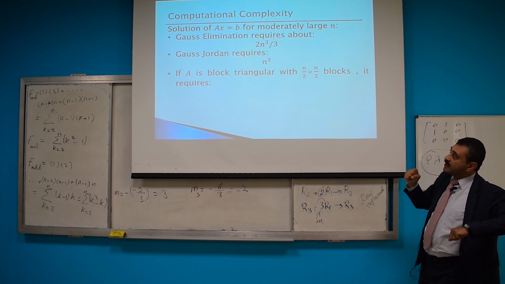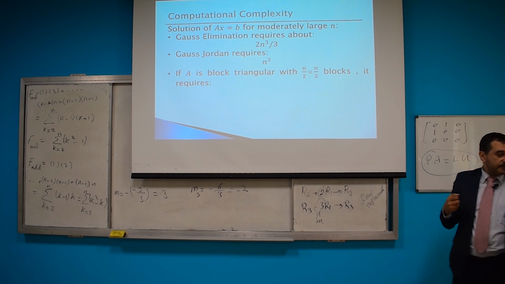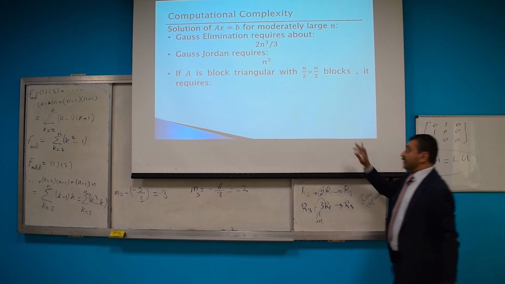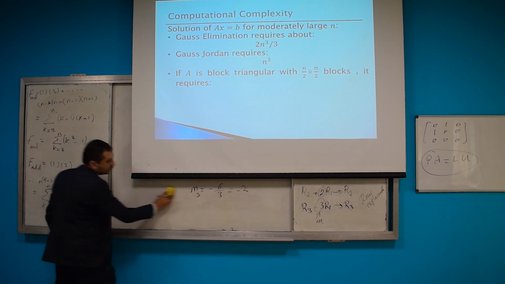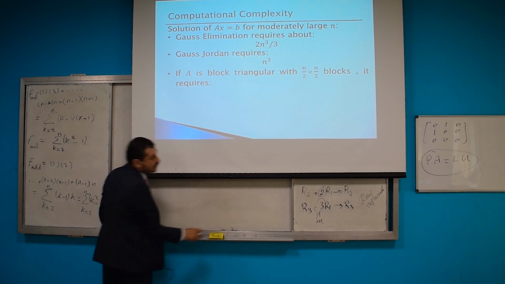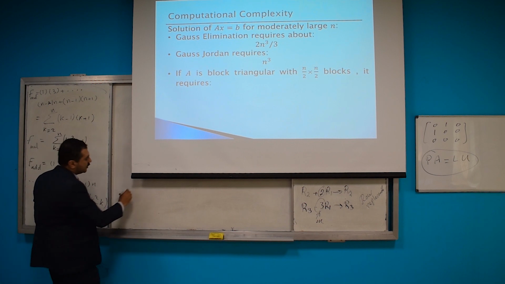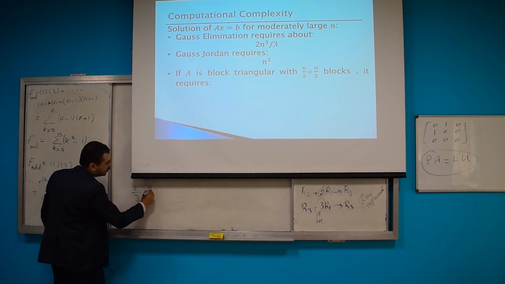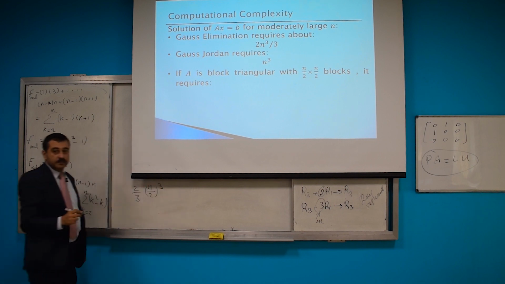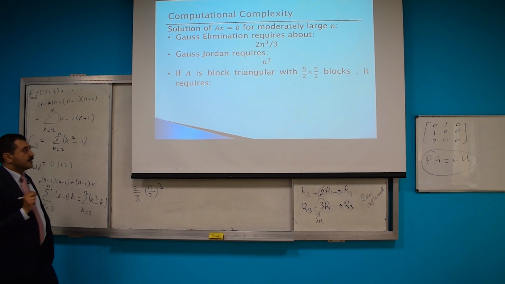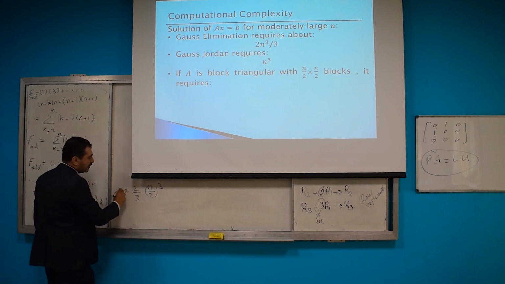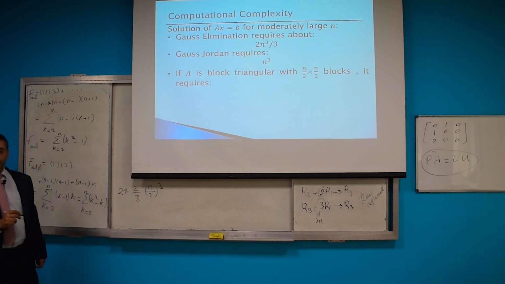If you want to find the reduction in the number of flops, when you solve an n over 2 by n over 2 system using Gauss elimination with back substitution, the number of operations would be 2/3 (n over 2) cube. But actually, we are going to solve two systems rather than one, so multiply this by 2.